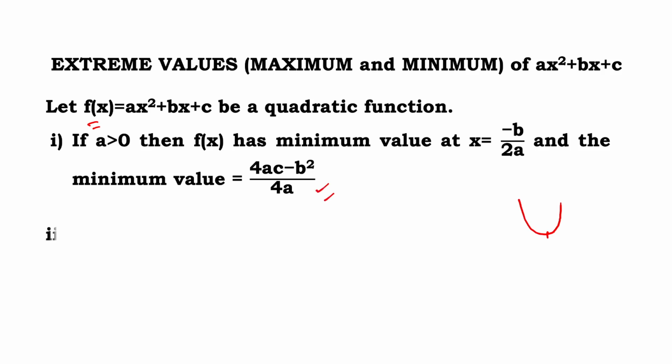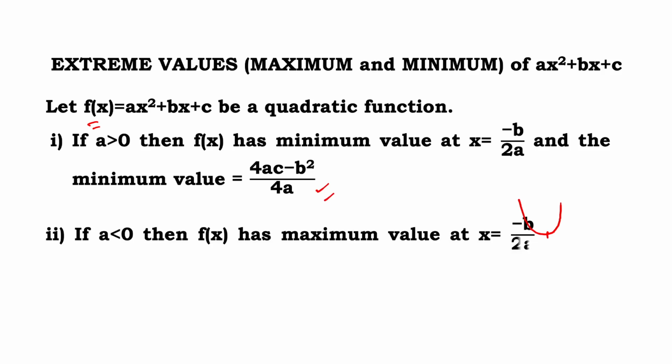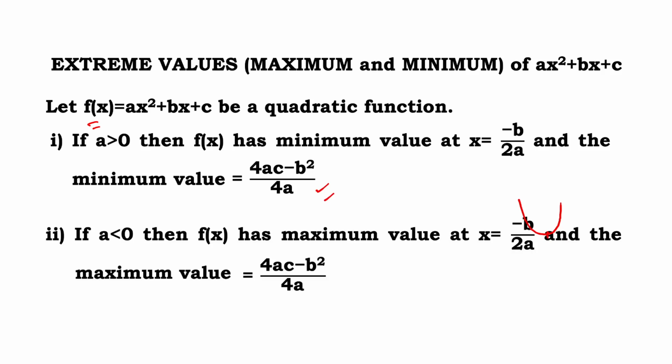But if we are going for a less than 0, that will be the maximum value because the parabola will be a downward parabola.